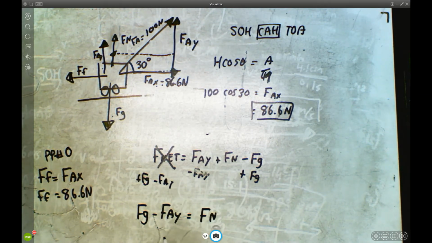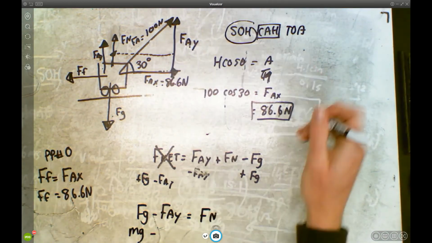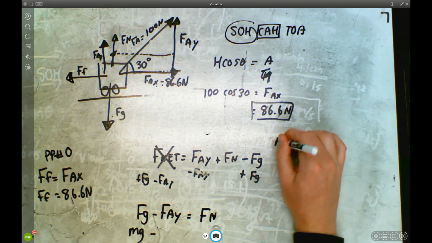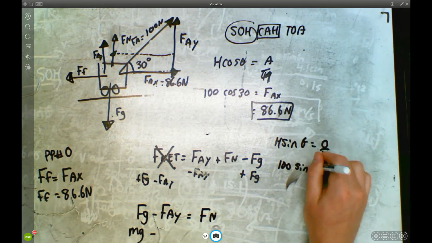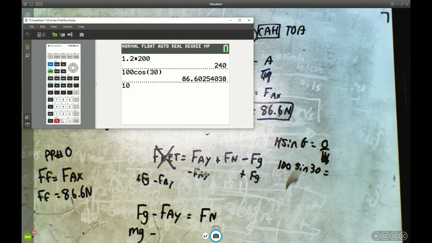Okay. So my force of gravity is just going to be mg. And my force applied in the y, well, I can use SOHCAHTOA to figure this out. That's going to be opposite and hypotenuse. So sine theta equals opposite over hypotenuse, and I want to find opposite. So I can go 100 sine of 30, and I get 50.